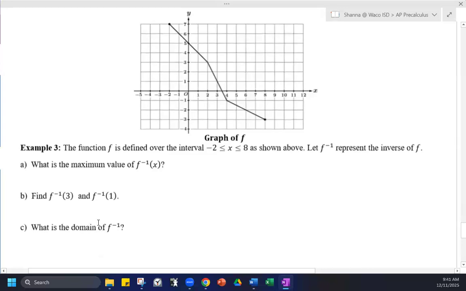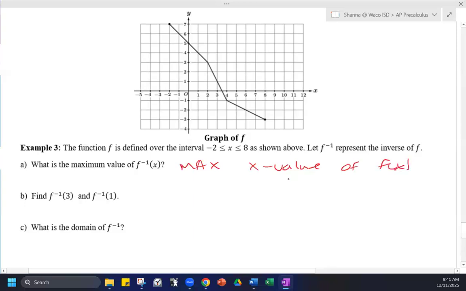All right. So on this one, what would be the maximum value of our inverse? So our max value of our inverse has to be the max x value of our current function, the current max x value of f of x.